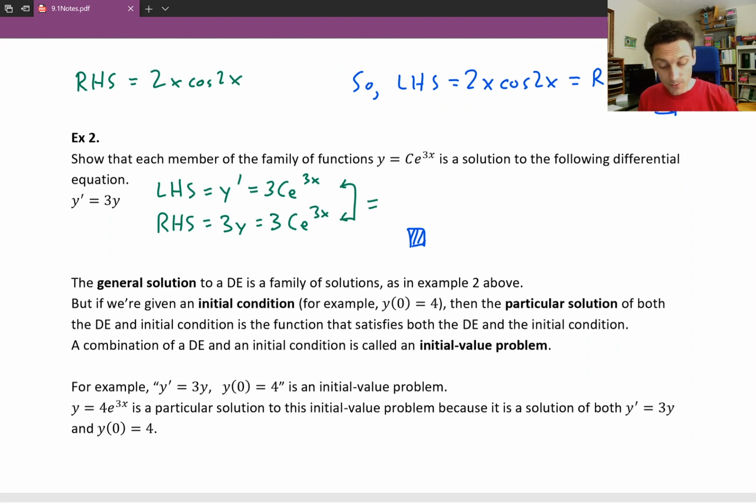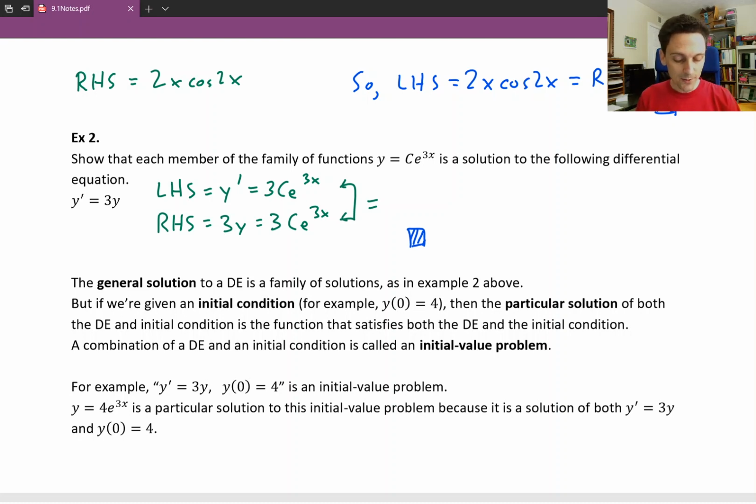Now, the general solution to a differential equation is a family of solutions. And example 2 shows an example of a general solution. Y equals c e to the 3x is a general solution because no matter what c is, we still have a solution. Y equals c e to the 3x is still a solution to this differential equation.